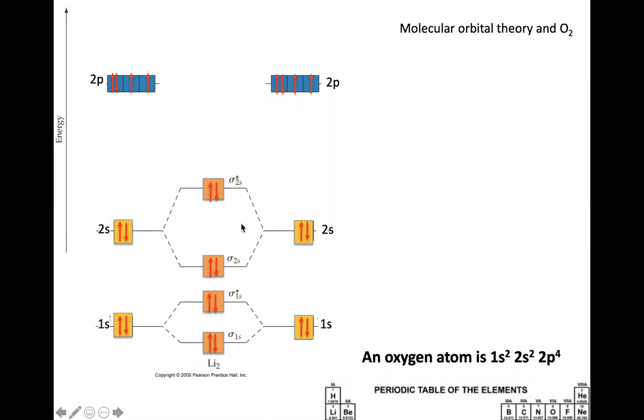The 2s is designating which ones they came from. I've got a total of 1, 2, 3, 4 electrons. So when I put those into the molecular orbitals, I get 1, 2, 3, 4. So these would be the description when I filled up the molecular orbitals coming from the 1s with the 1s and the 2s with the 2s.